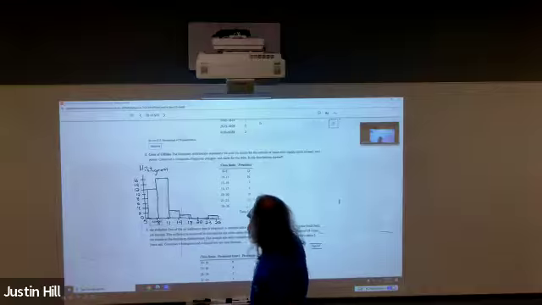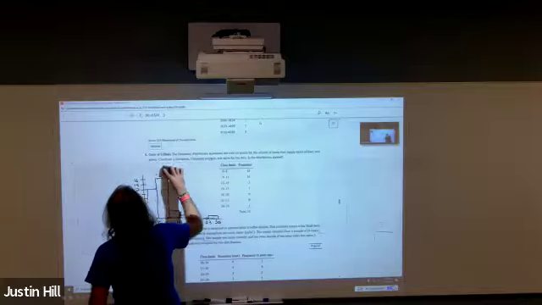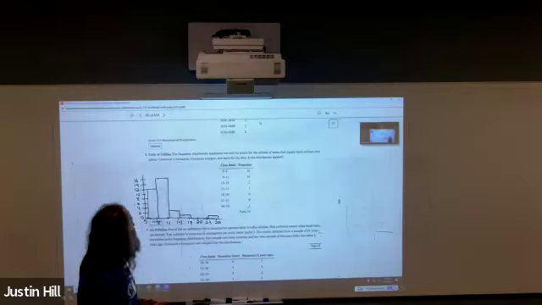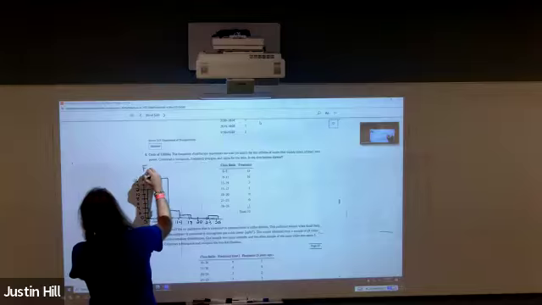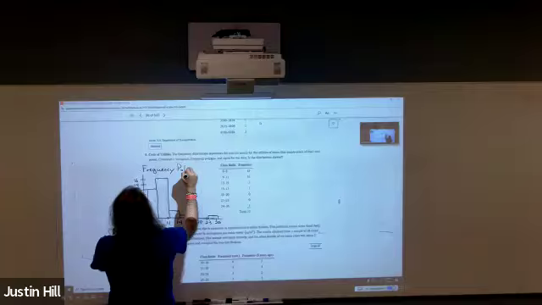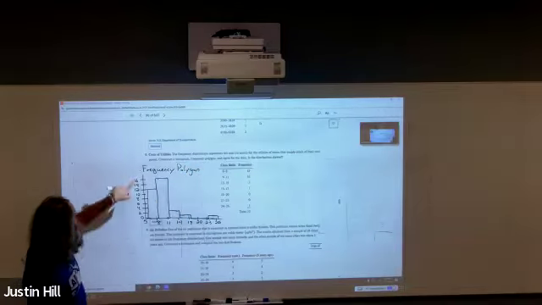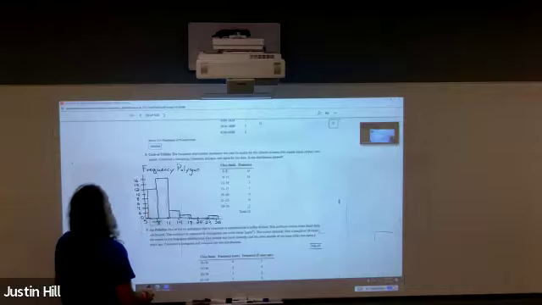So you've got this table, you made a histogram. Now they want you to make a frequency polygon. Like I said, you don't change anything about these axes.